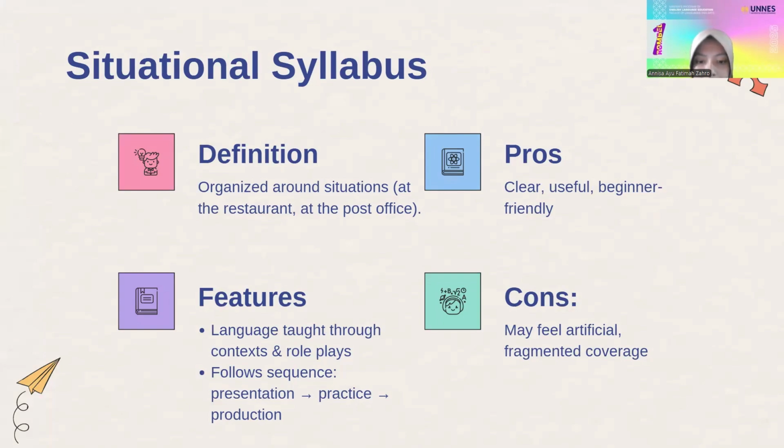Also, the situations might feel artificial and lack spontaneous communication. In summary, the situational syllabus is effective for beginners and everyday communication, but it needs to be combined with other approaches to develop fluency and adaptability.